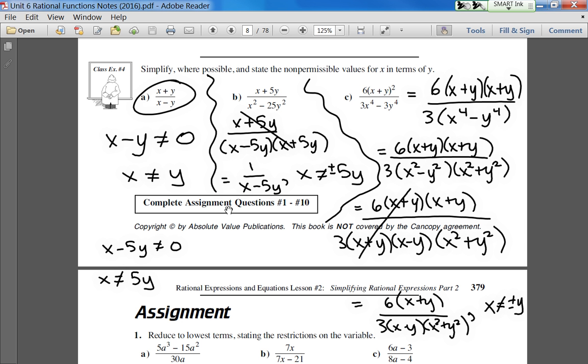What if x and y were both 5? 5 minus 5, the whole thing's 0, so that's not cool. What if x was 5 and y was negative 5? Then this one doesn't work, right? So as long as x is not plus or minus y, you're good. And again, the last class example 4, that is as hard as it gets.